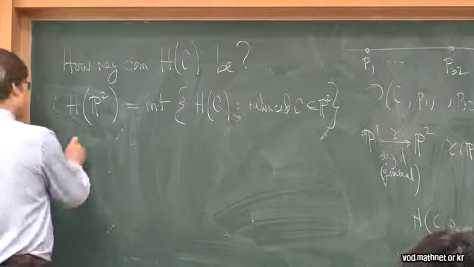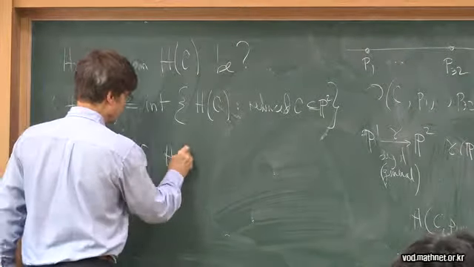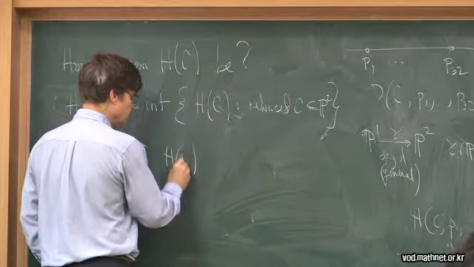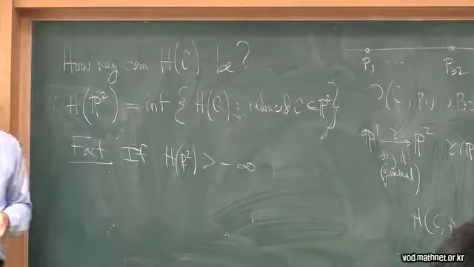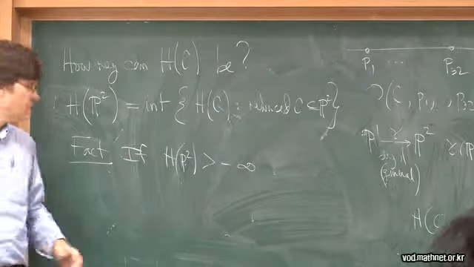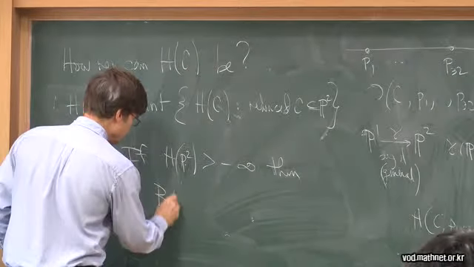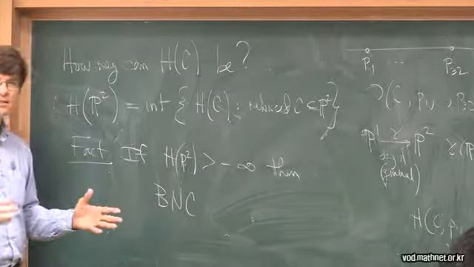But the fact is, if H of P2 is not negative infinity, if it's bounded below, then the bounded negativity conjecture, whichever one you like, they're equivalent.